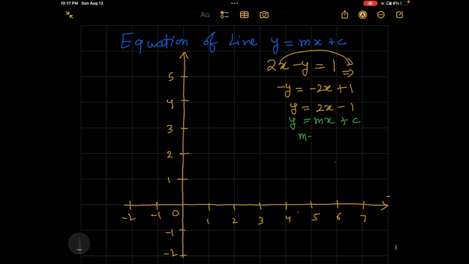So we say m is equal to 2, and that is the slope. In this equation, m is the slope. And then what is c? If we do a comparison, c is equal to minus 1. And in this equation, c is the y-intercept. Y-intercept means that this is the number on the y-axis where our line intersects with the y-axis.